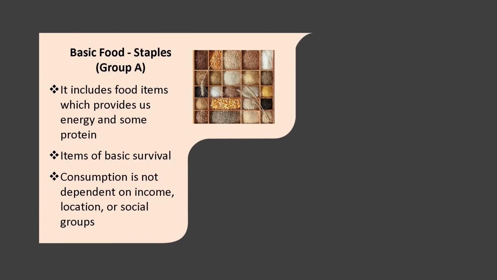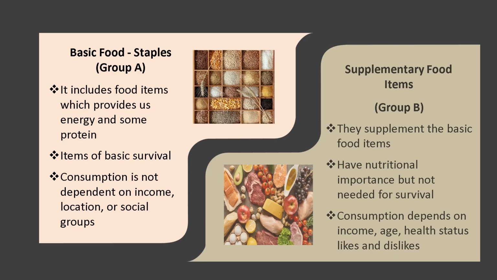Now, before we go ahead and learn about food expenditure, it is important to know about these two food groups. As you can see in the figure, the food is divided into two categories. Group A is called the basic food group, which includes staples. Now what are staples? Staples are the food items which are basic for our survival, without which we cannot really survive.